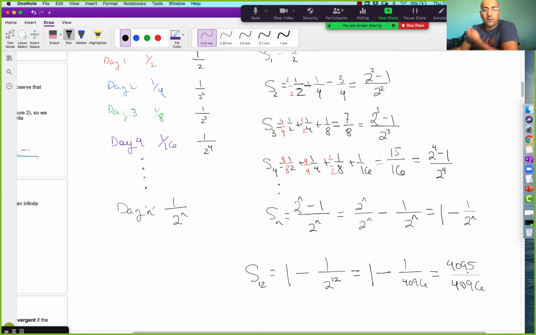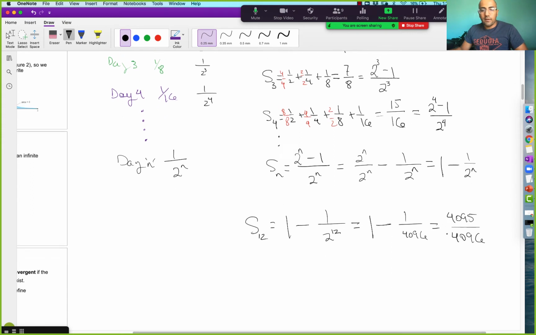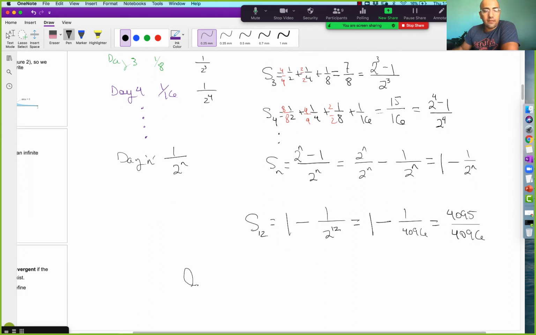Okay, so when we have a function of n like this, for any specific value you choose, you're going to get a result. But now if we think about the limit as n goes to infinity of 1 minus 1 over 2 to the nth power, this is the limit as n goes to infinity of s sub n, the partial sums.